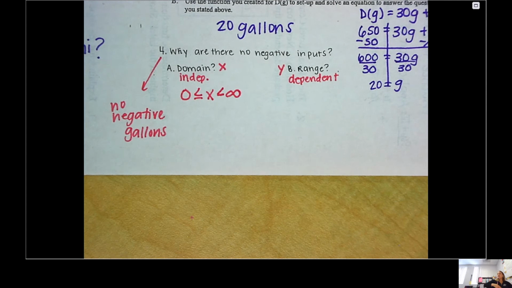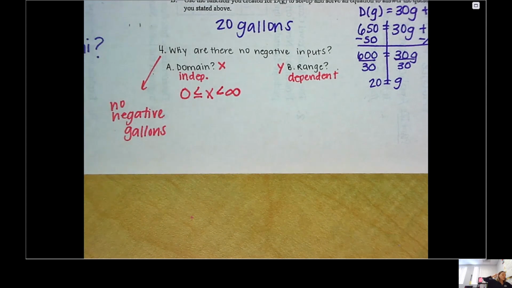Your range is your Y values. So your range is talking about your dependent, your number of miles. What's the smallest number of miles you can have? 50. The smallest number of miles in this problem is 50 because you can't go negative anymore.